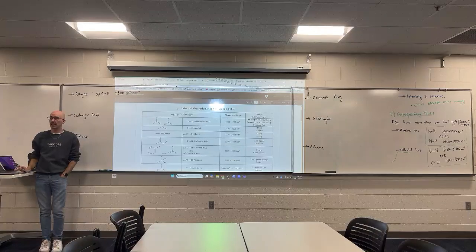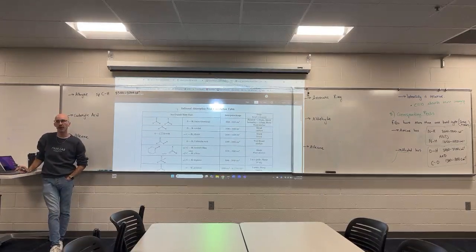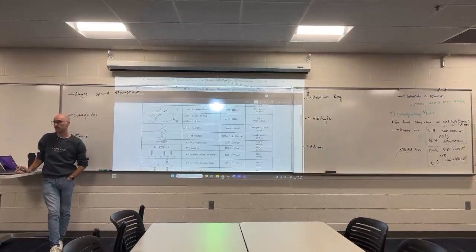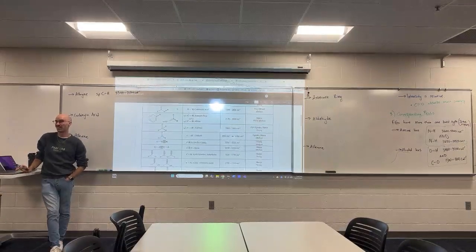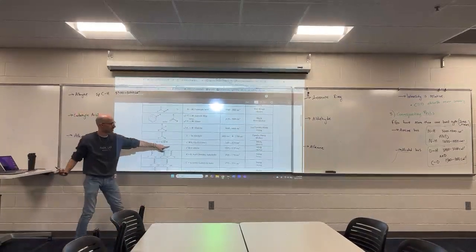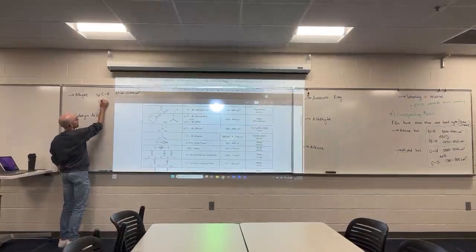And if you see the sp-CH bond, you also expect to find what? The CC triple bond, the defining feature of the alkyne. And we see that absorbs here, 2250 to 2150.